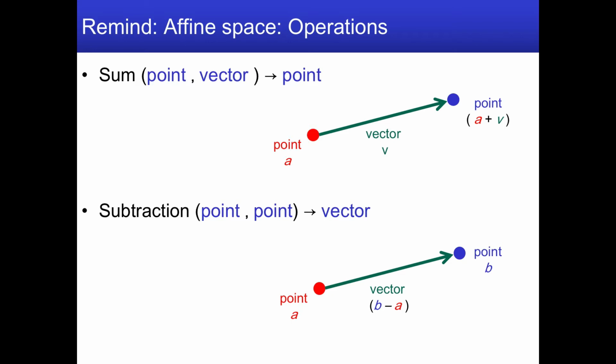If I have a point and I sum a vector, I'm translating this point by a certain quantity to another position. Easy. If I sum a vector directed along x to a point, I'm moving this point along x. Nothing difficult. With subtraction, given two points, I get the vector that connects these two points.